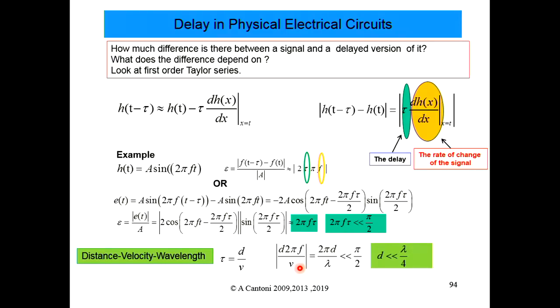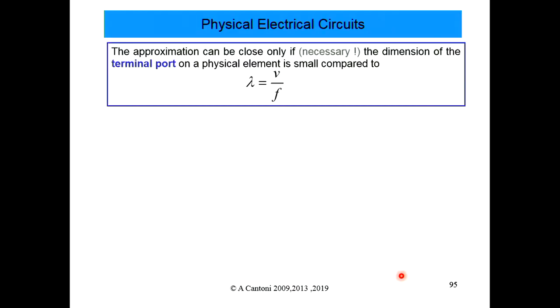So we can express it in terms of wavelength now. We come up with a condition that the actual distance between the terminals, or distance of a wire connecting the element to the terminal, has to be much less than lambda on 4. Clear? That's a critical thing that we have to satisfy.